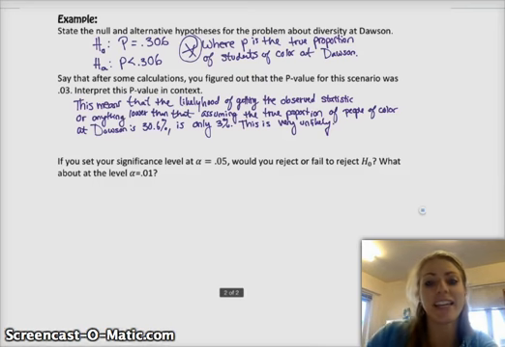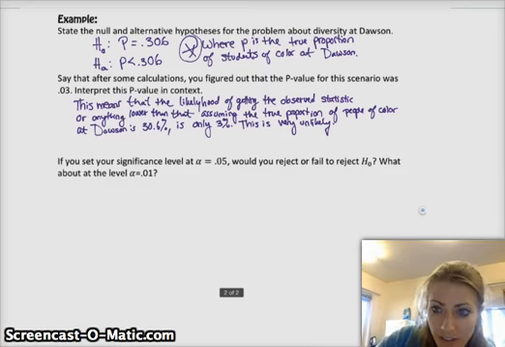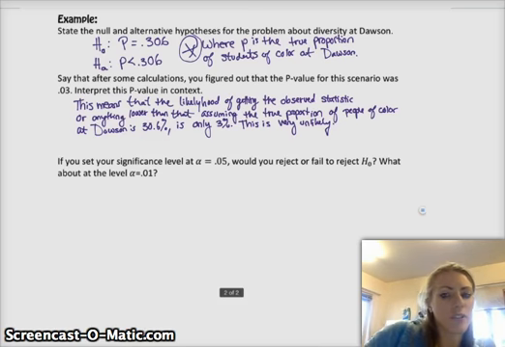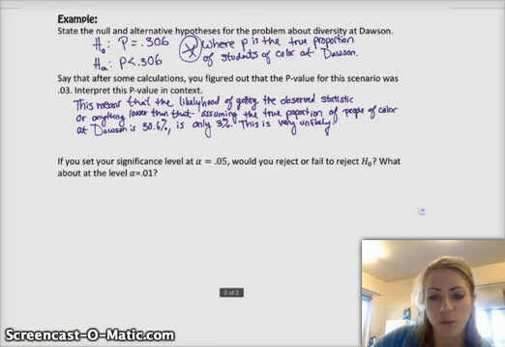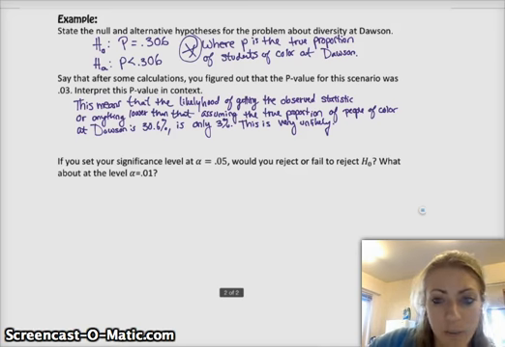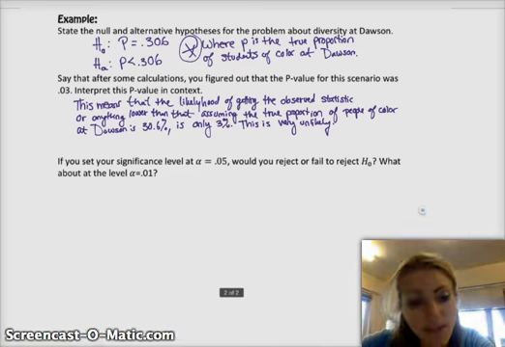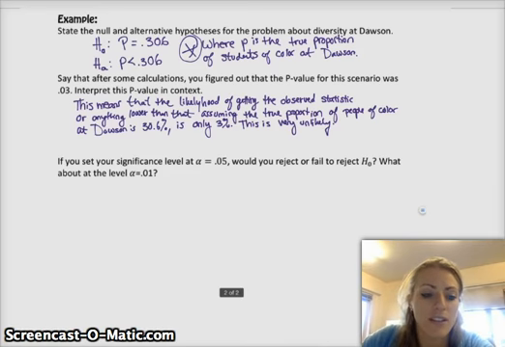Alright, so lastly, if you set your significance level at alpha equals 0.05, would you reject or fail to reject the null hypothesis? Namely that the proportion is what they claim. And then what about if your significance level was 0.01 instead? In the first case, if alpha is 0.05, 3% is less than that, and therefore we'd reject the null hypothesis.